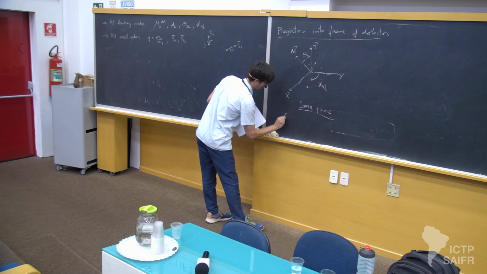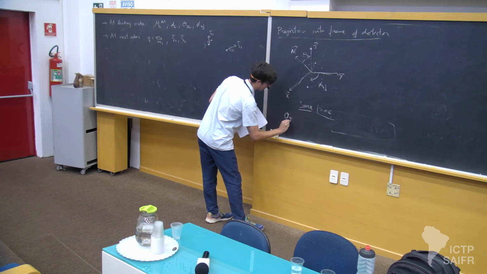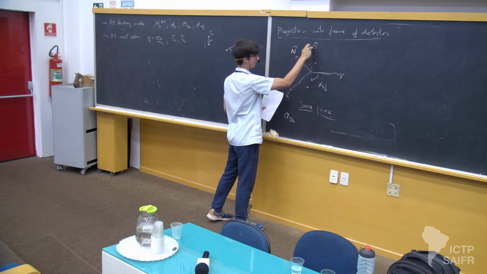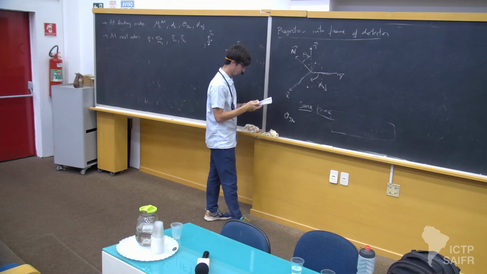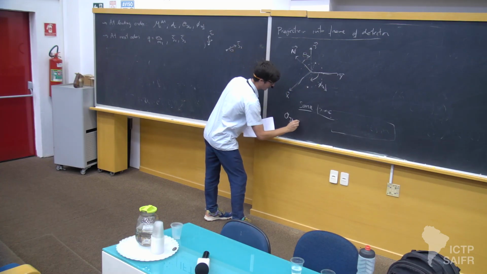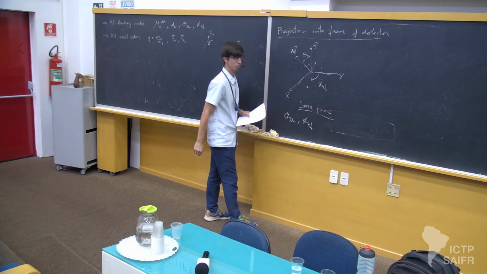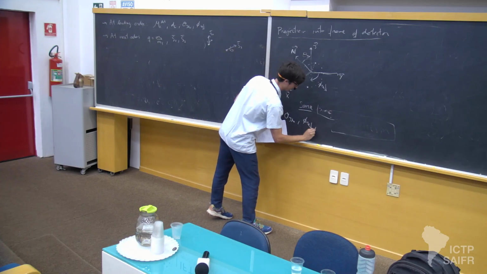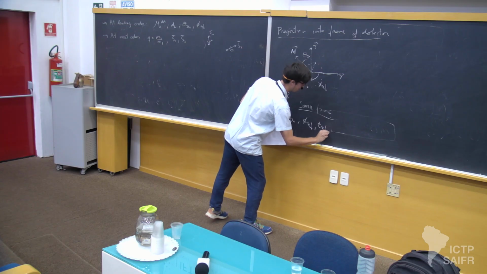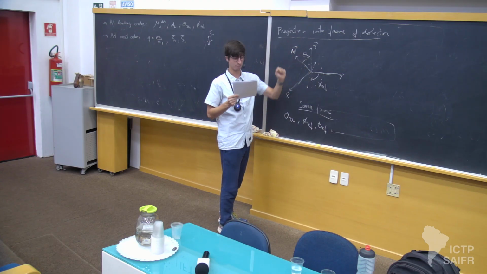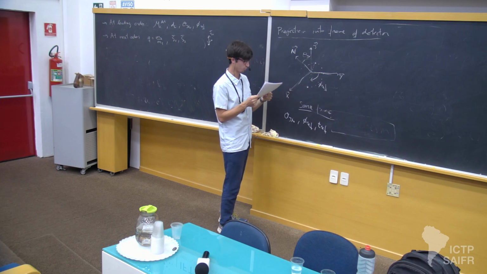We have the inclination angle between the line of sight N and the total angular momentum, so theta JN. We have the reference phase, which has to be defined at a reference time, because you need to say that at this given moment the binary is placed in this way.